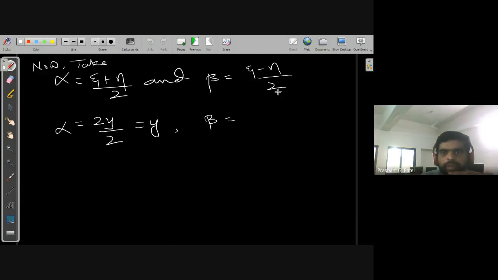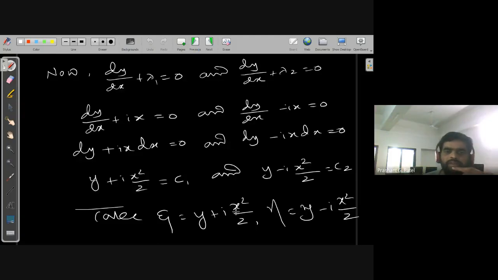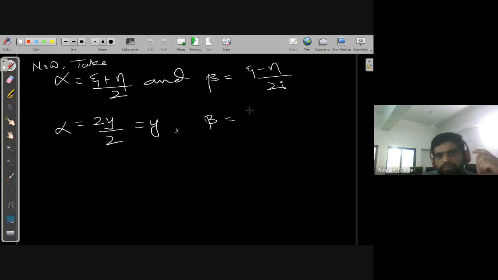So it should be divided by 2i because i is still left. So that's why the i will get cancelled out. We'll have x square by 2 left. So the final answer will be x square by 2. Just check. So we'll multiply this by i also, because I don't want i there. So that's why I have done this.